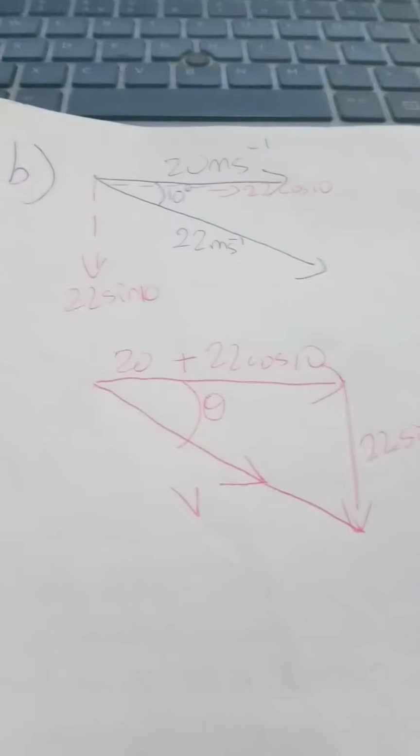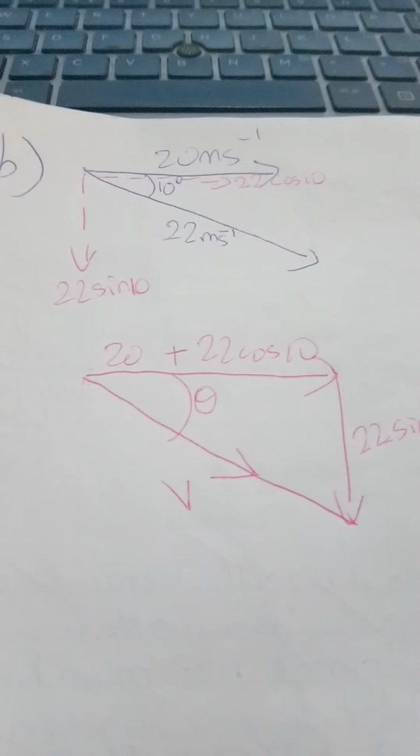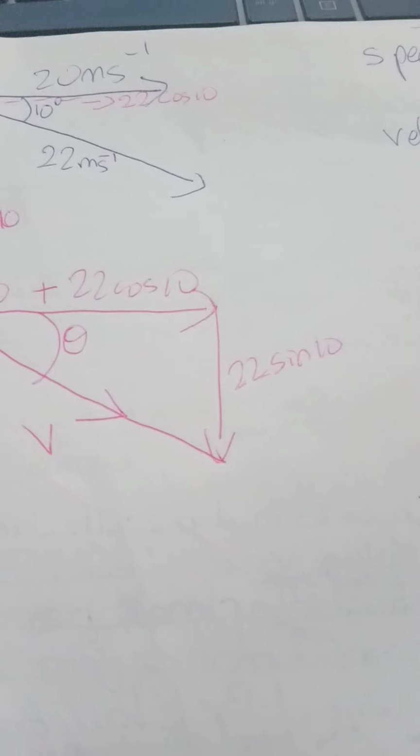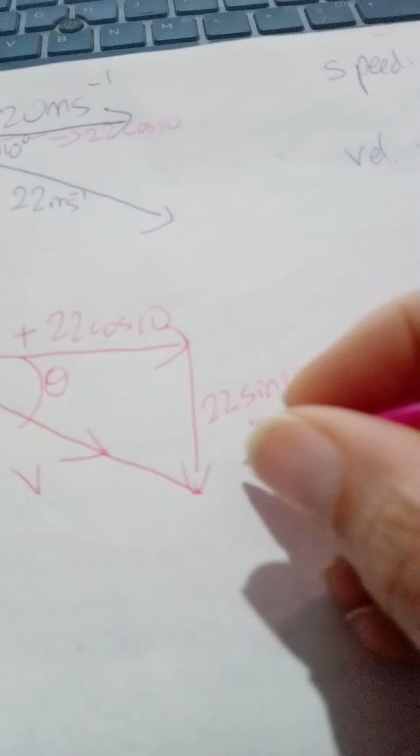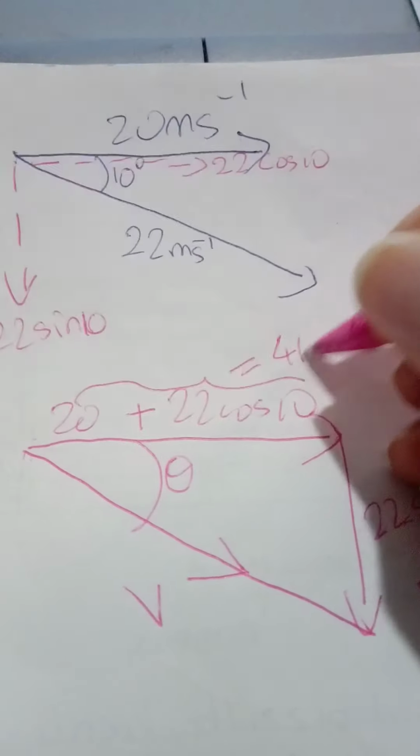You continue by using the Pythagoras theorem. Horizontal vector works out to be 41.7, and the vertical vector works out to be 3.82.